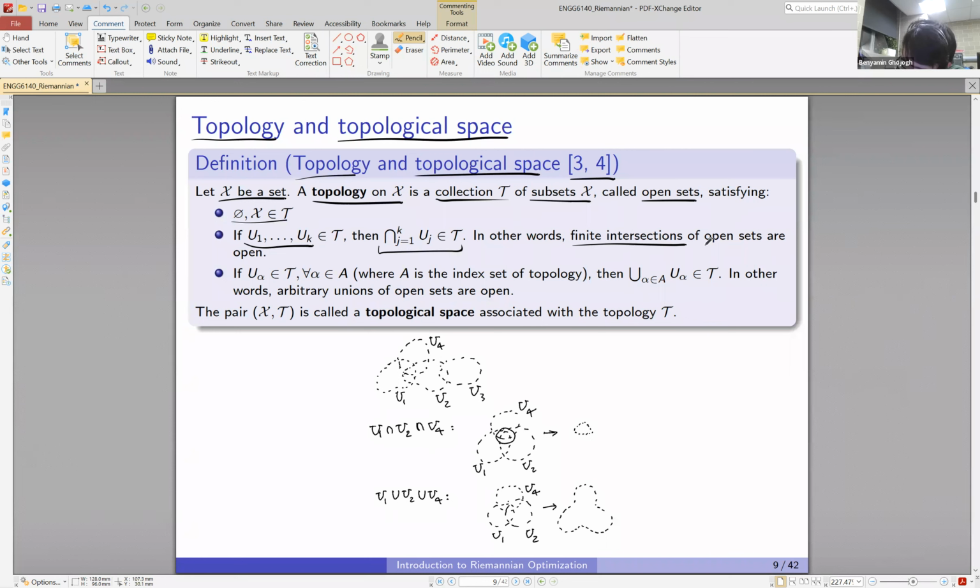Finite intersections of open sets are also open. Belonging to T means that they are open, right?